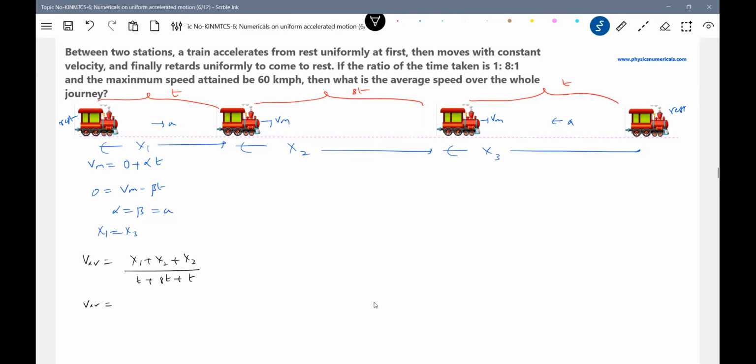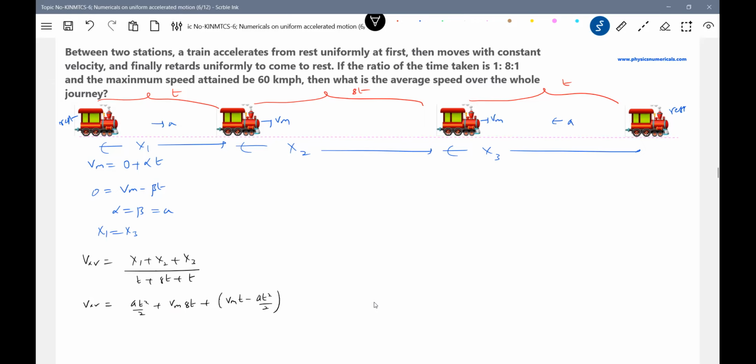What is x1? x1 should be equal to a t square by 2. What is x2? Vm into 8t. What is x3? x3 is also equal to Vm t minus a t square by 2.